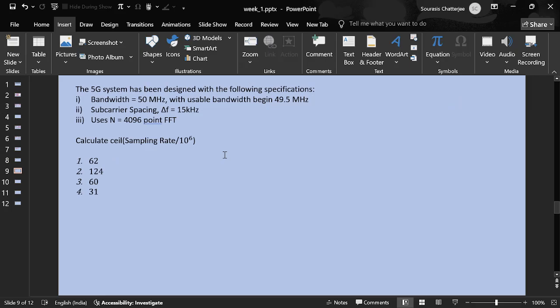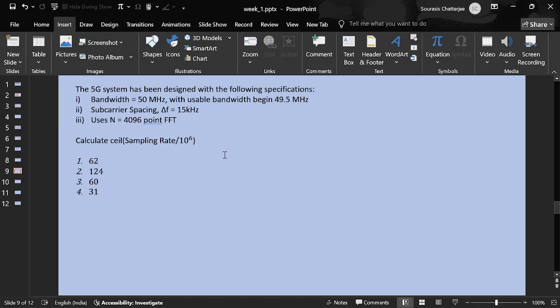So this question here talks about bandwidth and subcarrier spacing, FFT and all that. So this is the idea about OFDM, orthogonal frequency division multiplexing. So when I say OFDM, what is the most important thing about OFDM? What do you think? I would like to hear that.